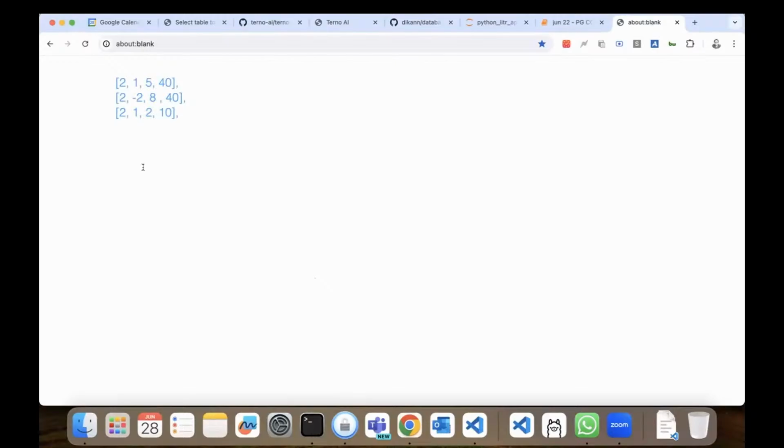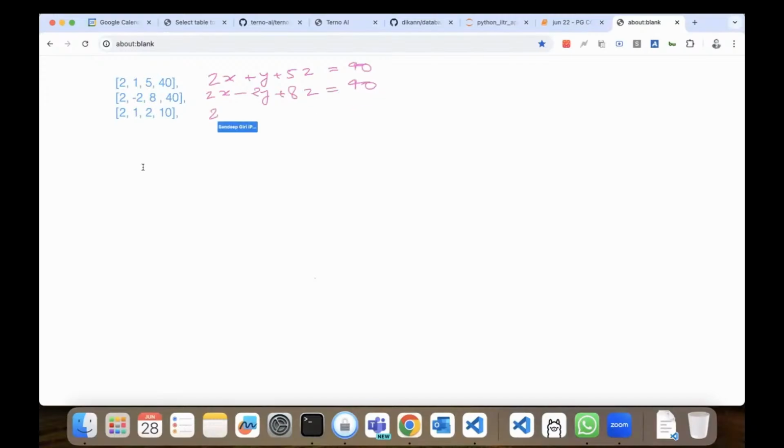Essentially, let's look at how we solve it. We have 2x plus y plus 5z equals 40. 2x minus 2y plus 8z equals 40.